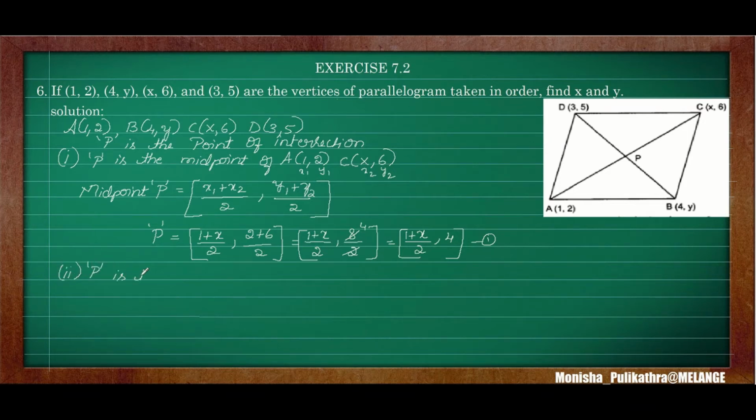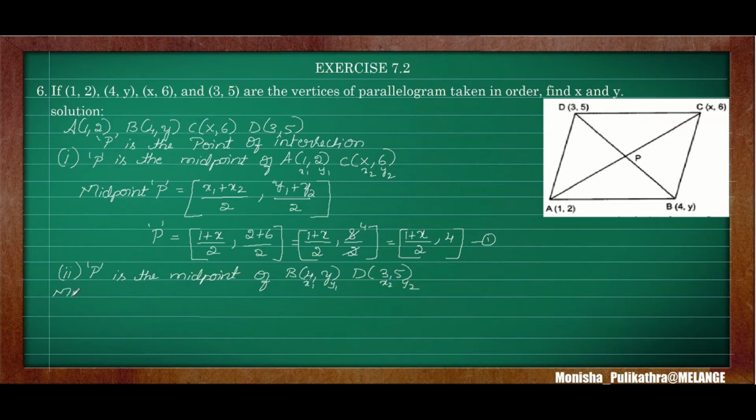Next, in the second case, P is the midpoint of BD also, where B is (4, y) and D is (3, 5). Here it is x1, y1 and x2, y2.